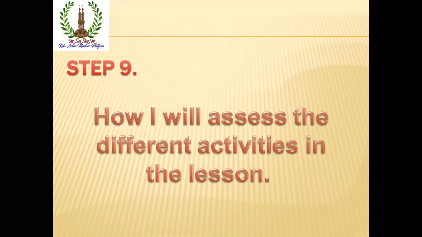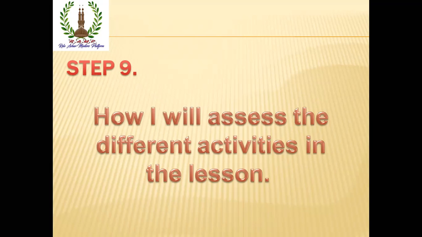And the main thing while choosing this kind of activities is the objective of the lesson, and also the level of the students and what I want to assess. This is a very important thing. Is this activity working on fluency, for example, or accuracy?